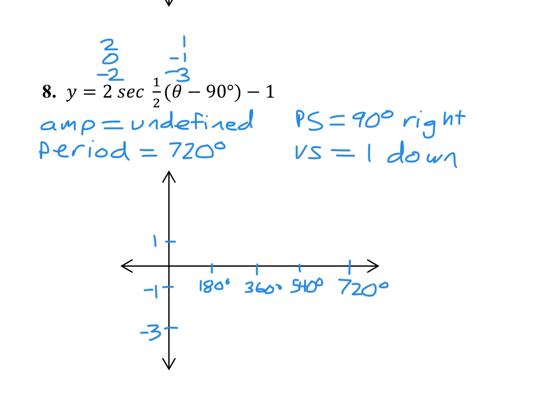All right, because we're going to be shifting 90 degrees to the right, I want to cut each of these in half so that I have an idea of how far 90 degrees is. All right, so I'm going to make some cosine points. These are not going to account for the phase shift, but they will account for the vertical shift.